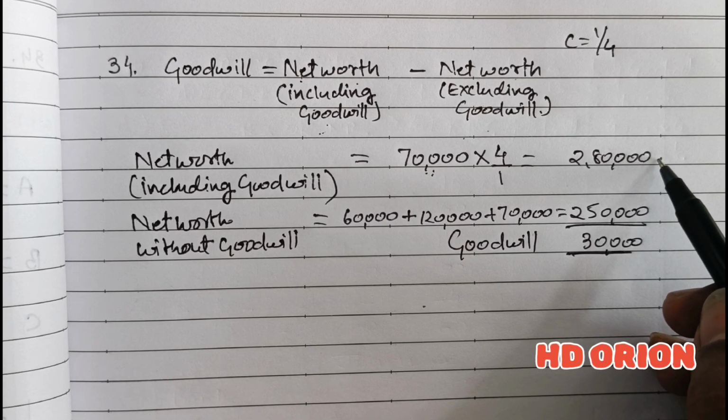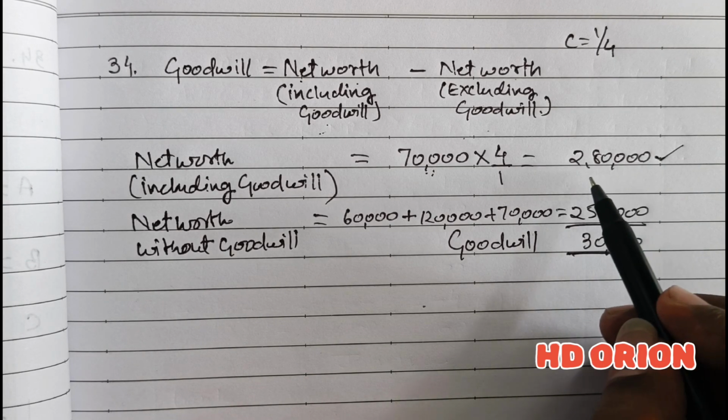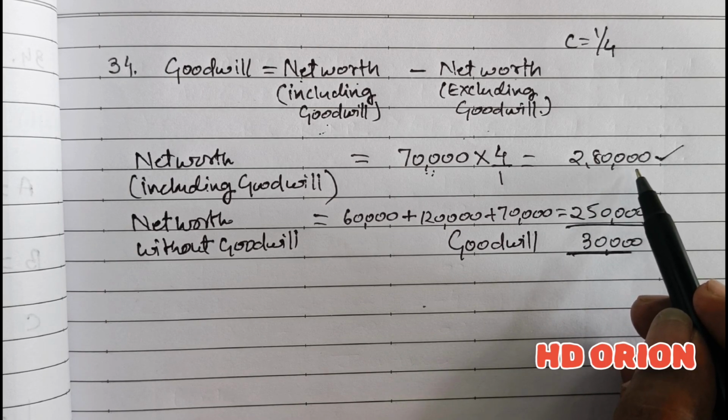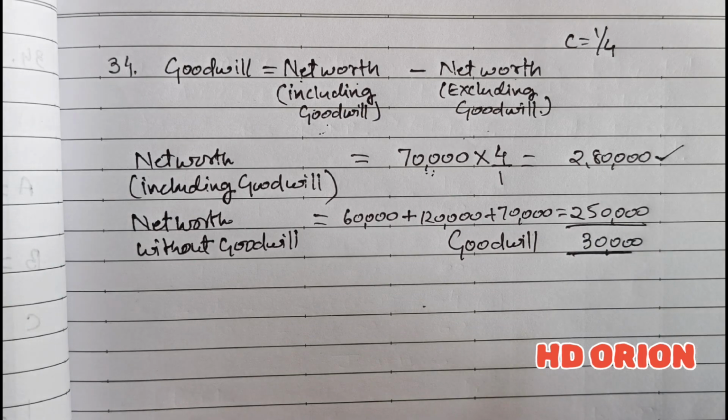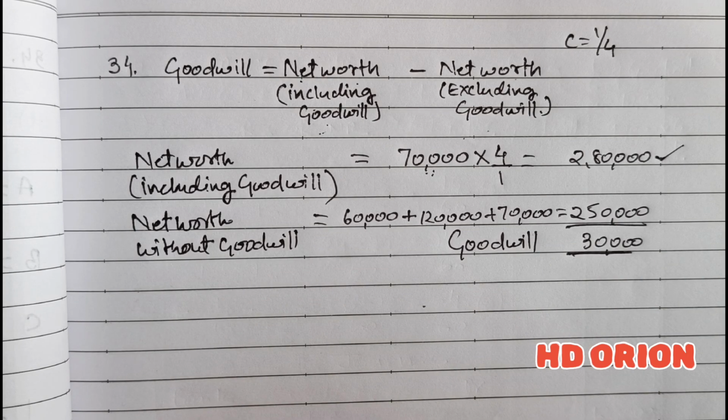The firm is enjoying a goodwill of rupees 30,000 because the firm is getting benefits of rupees 2,80,000, whereas the firm has invested only rupees 2,50,000. So the money which the firm has not invested and is enjoying the benefits of is the amount of goodwill. So that is what hidden goodwill is.